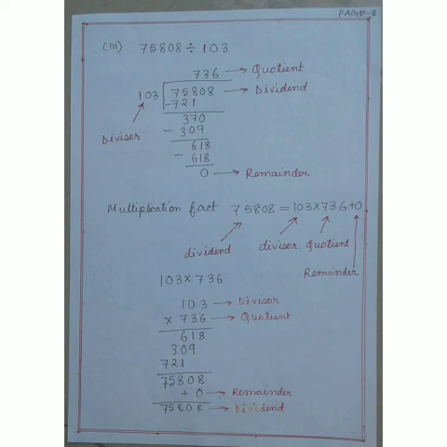Now the multiplication fact: we have to show that dividend 75808 is equal to divisor 103 into quotient 736 plus remainder, which is 0. 103 into 736 is equal to 75808, plus remainder 0 will give 75808, which is equal to the dividend.